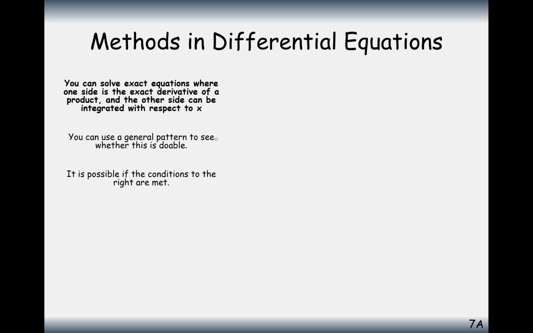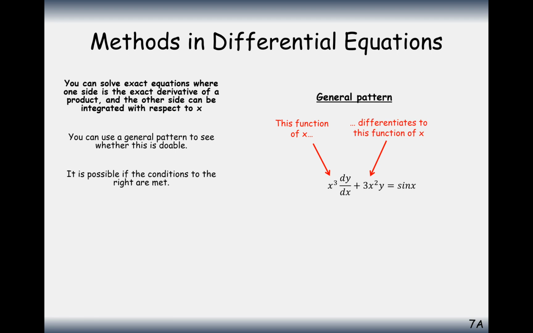You can use a general pattern to see whether this is doable. It is possible if the conditions to the right are met. We need a function of x multiplied by dy by dx, and then its derivative multiplied by y, with the two added in the middle.